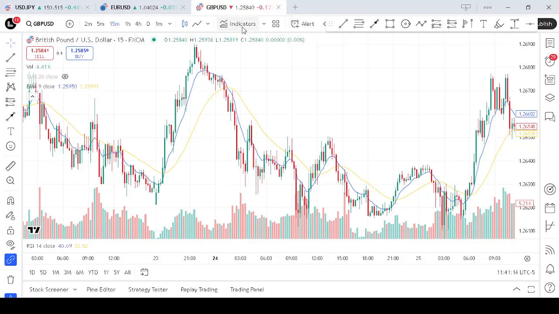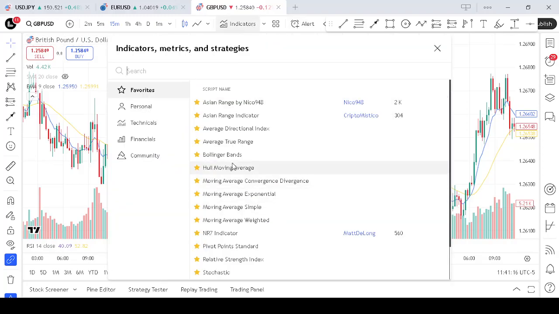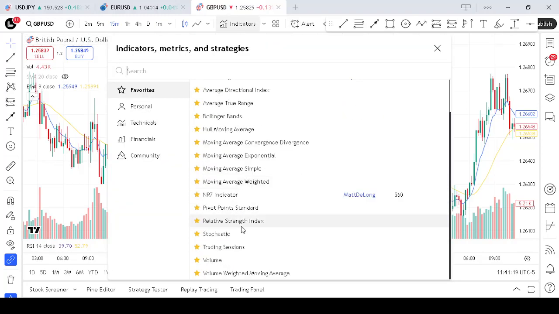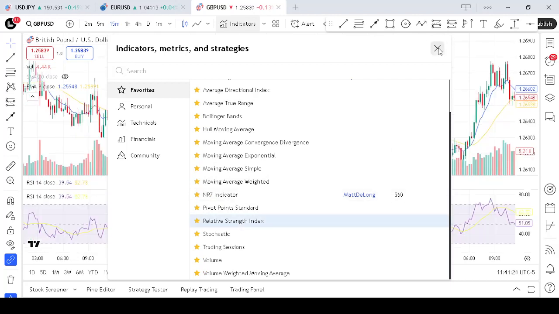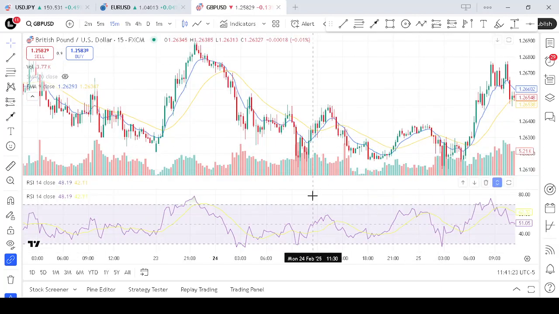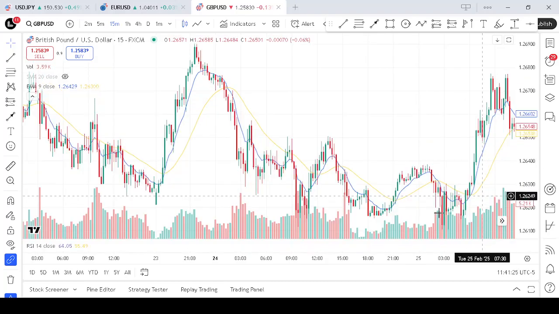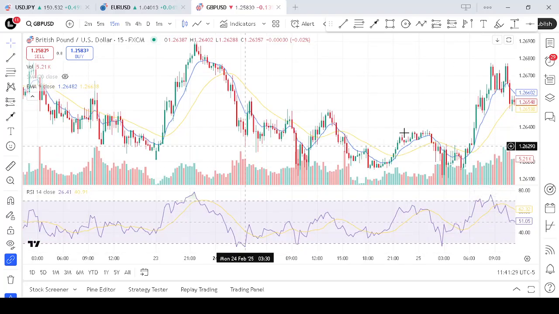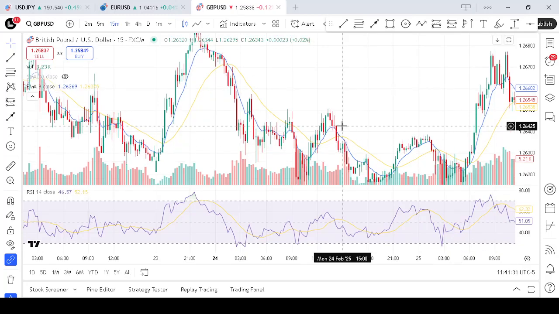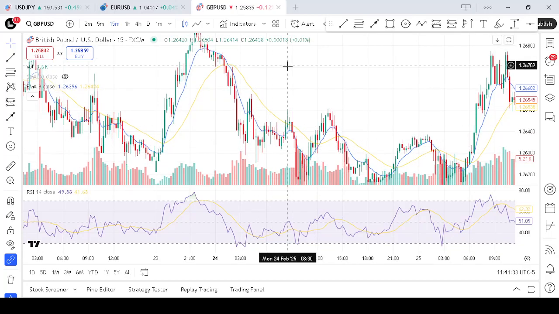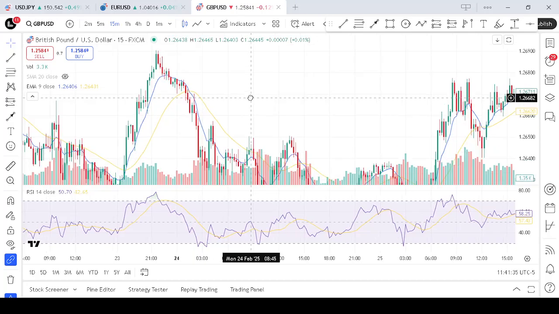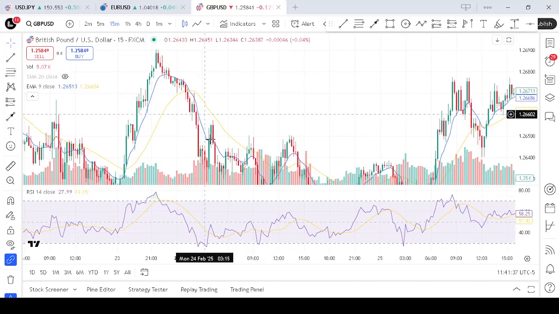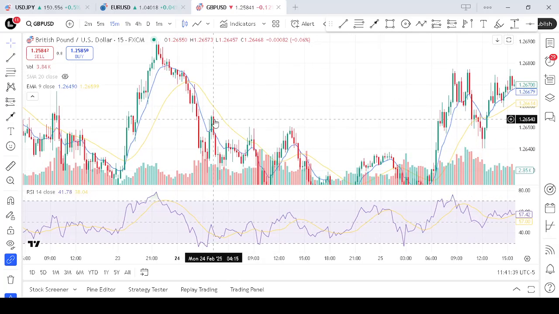We can also make use of the RSI indicator, the relative strength index, to also confirm our overbought and oversold market. When the RSI is above 70, it means price is being overbought, and when it's below 30, it means price is being oversold.